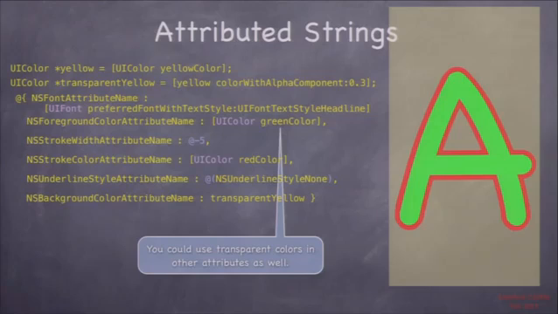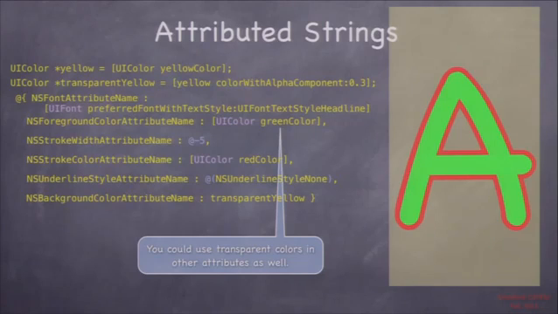There's also background color. Here, just to show you that this is possible, I set the background of this glyph to be a transparent yellow. It's 30% visible, 30% towards opaque yellow. So you can see the chalkboard showing through there. I don't know if that'll show up in iTunes U, but hopefully I can see through that yellow background.